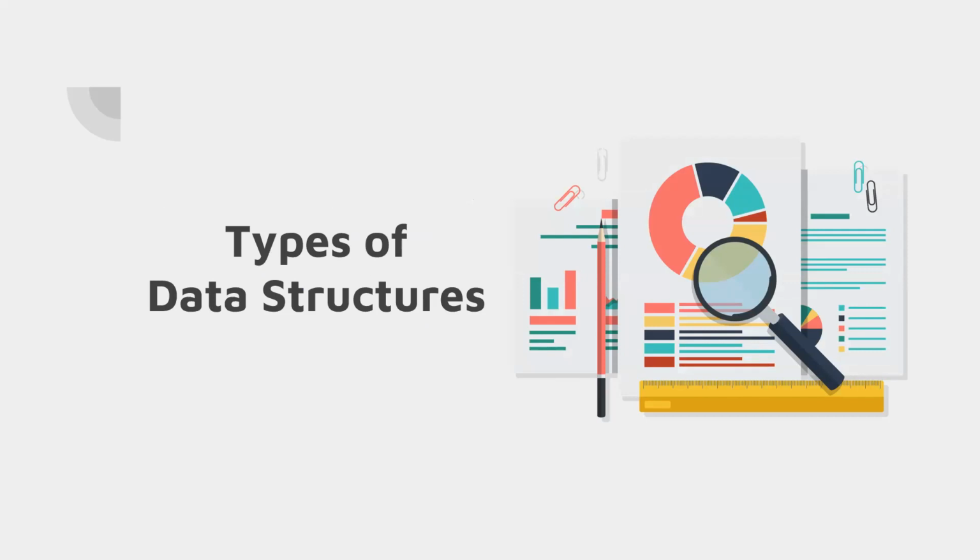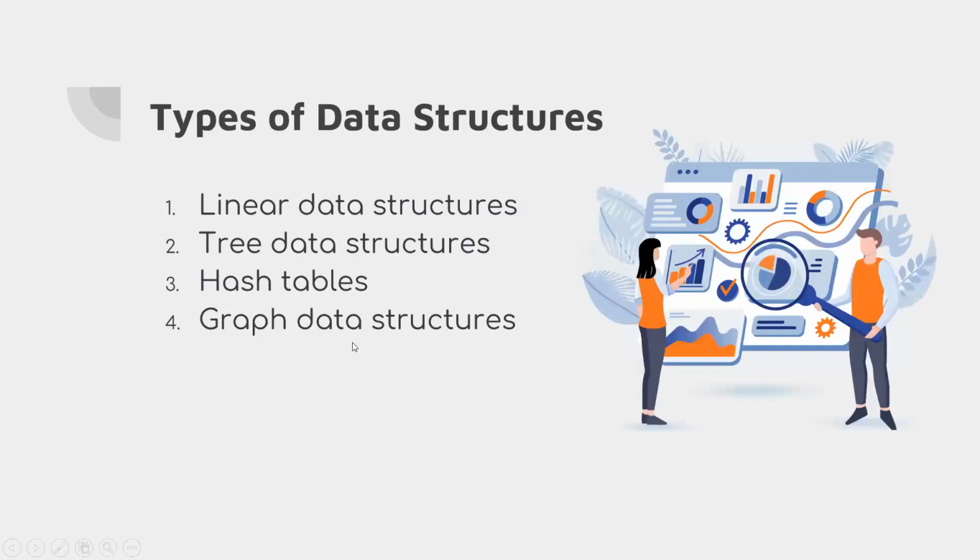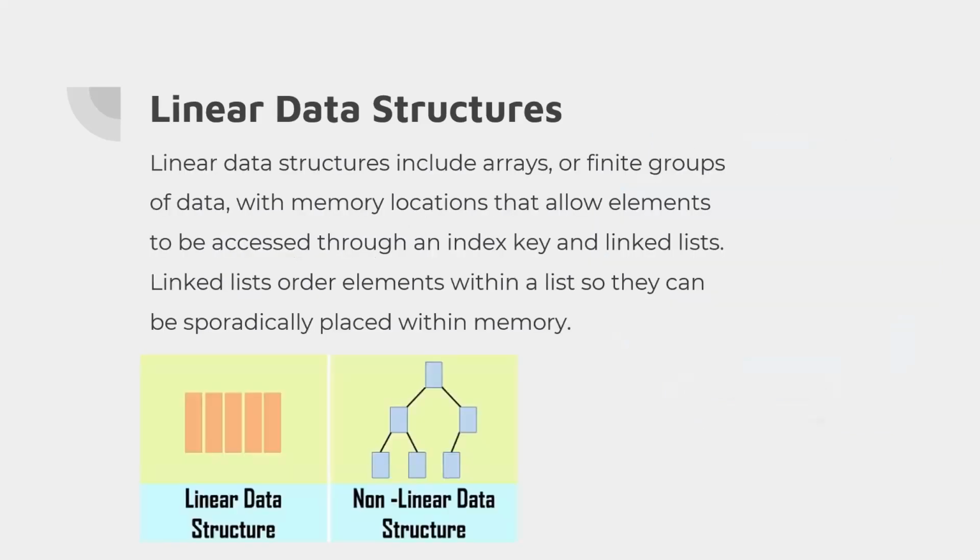We will get to have more explanations. All right, so there are about 4 types of data structures that I've listed here. Number 1 is the linear data structure, then tree data structures, hash table, and graph data structure.